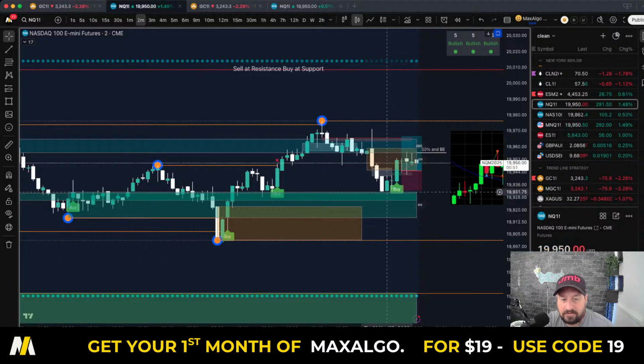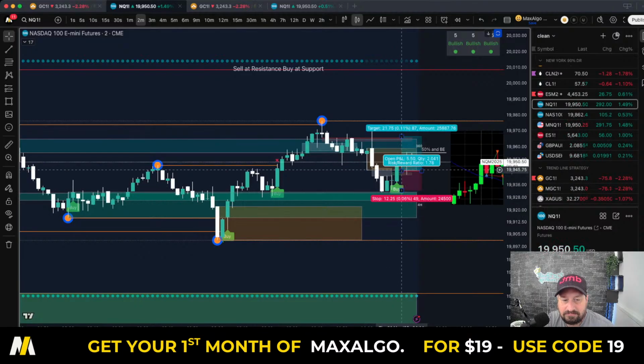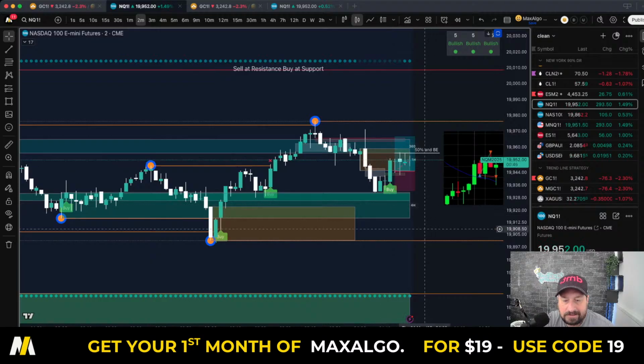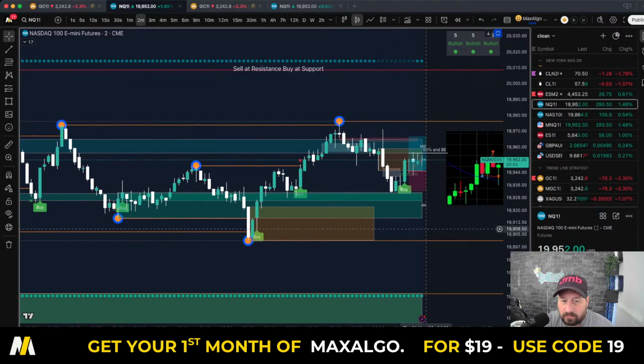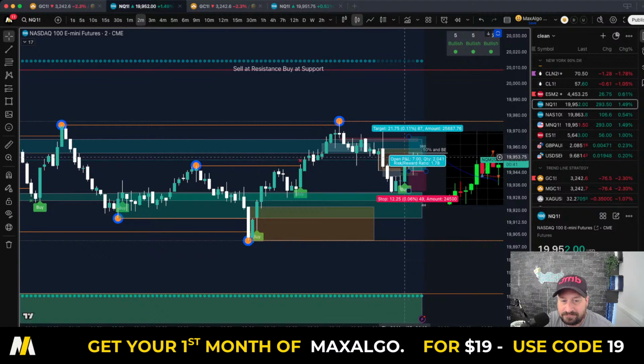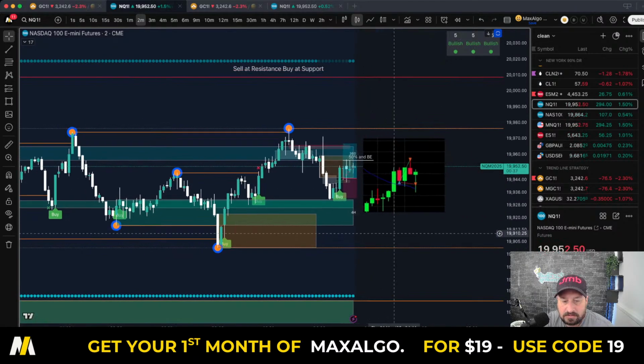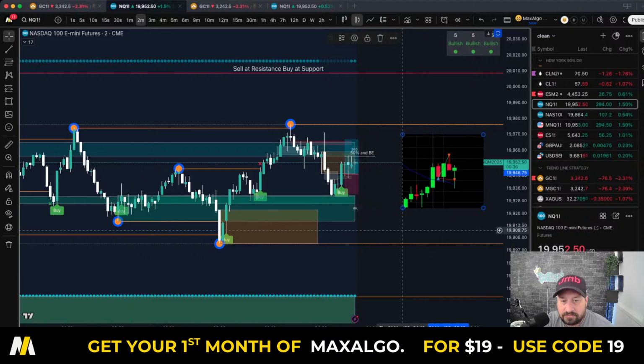I'd have liked to have been able to get in lower down in the 4 hour, and not right up against the hourly. But our bias is bullish.